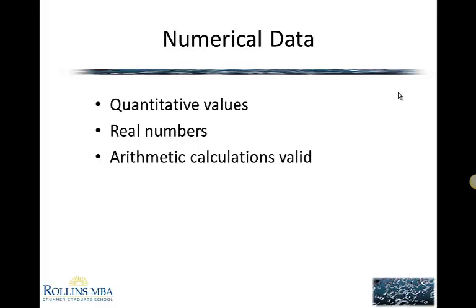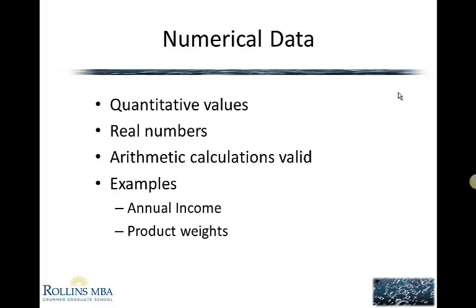So this is one good way to check to see if our data is numerical. Does it make sense for me to do arithmetic calculations on this data and get meaningful information? And some examples of numerical data that we may run into in the business world are annual income, product weights, sales revenue, or production rate, number of widgets made per some time period on a manufacturing plant, for example.